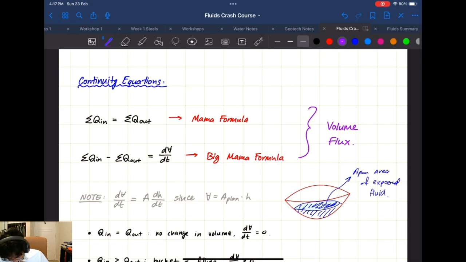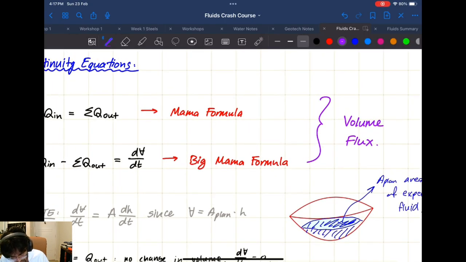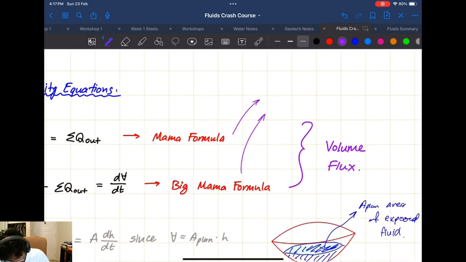The only difference between the Mama formula and the Big Mama formula is that for Mama, dV on dt is equal to 0.